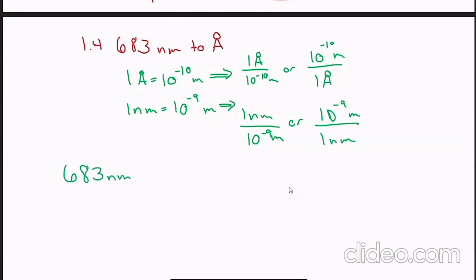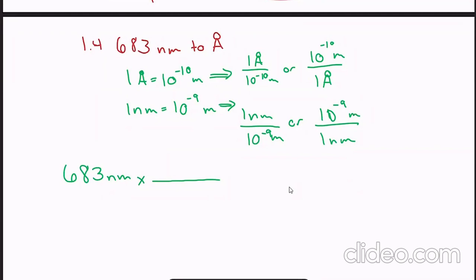nanometers. So if you're not familiar with cross-canceling, we need to set up a fraction or a conversion factor so that we can cancel out these nanometers. So this requires that the nanometers be placed in the denominator.